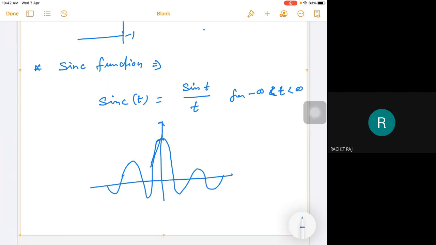Okay, so that is your sinc function. sinc t लिखते हैं इसे.